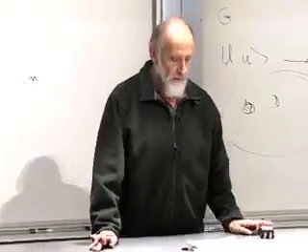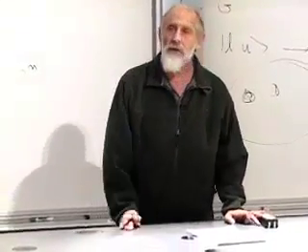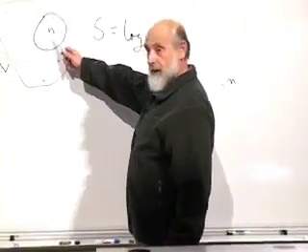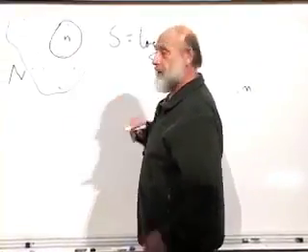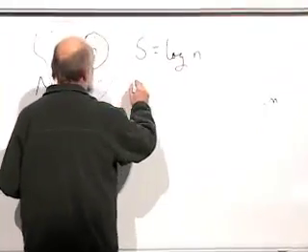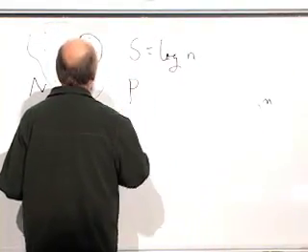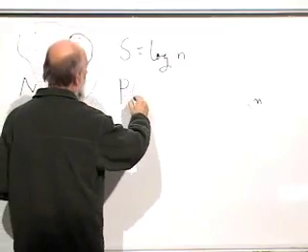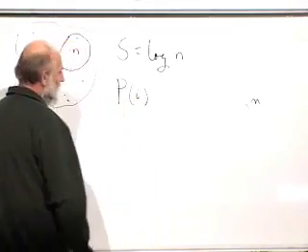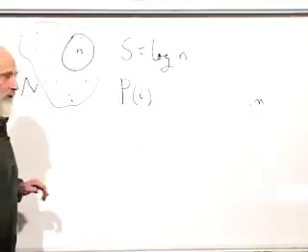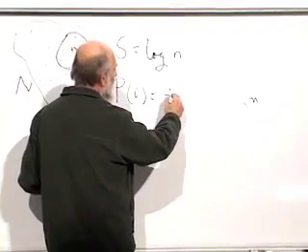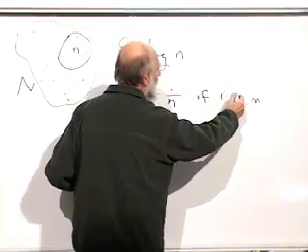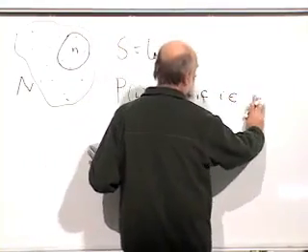Now, what happens if you have a more general situation? Incidentally, in this case here, let's write down some of the probability. Let's call these states I. All right, let's say the probability for the ith configuration is 1 over little n if I is in the subset n.